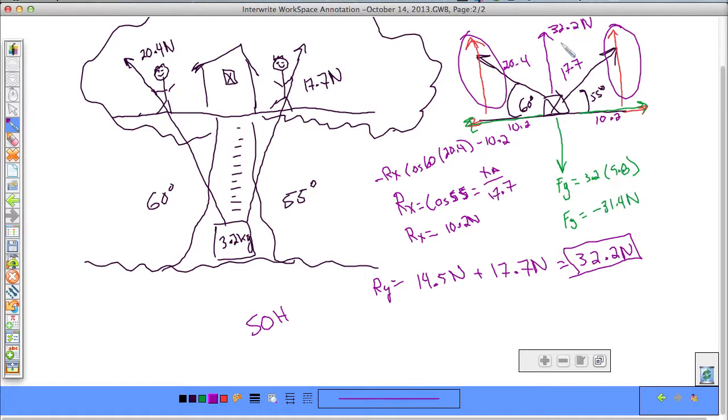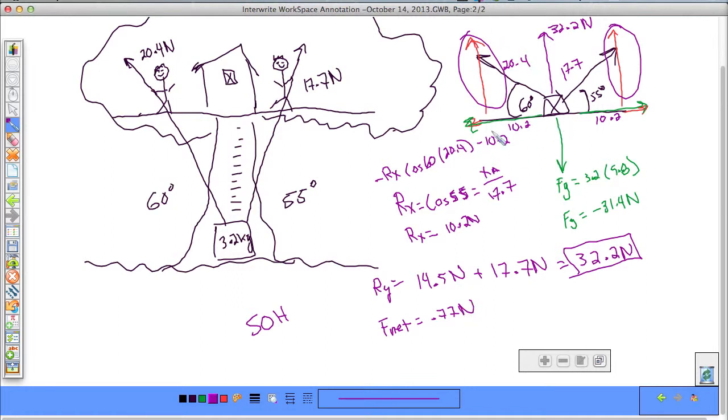And now I know that the force of gravity is going to be subtracting from me 31.4 newtons. So let's go ahead and figure that out. So I have 32.2 minus 31.4. And so I get a net force of 0.77 newtons in the up direction.